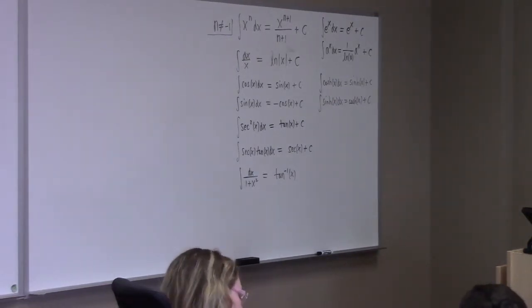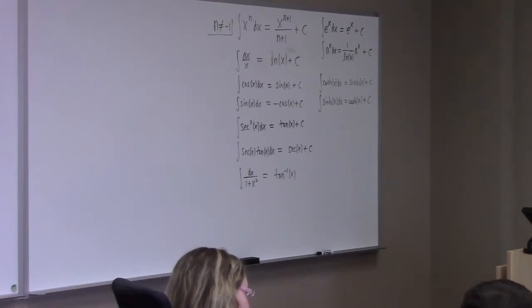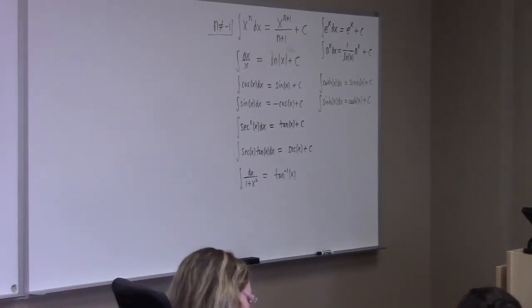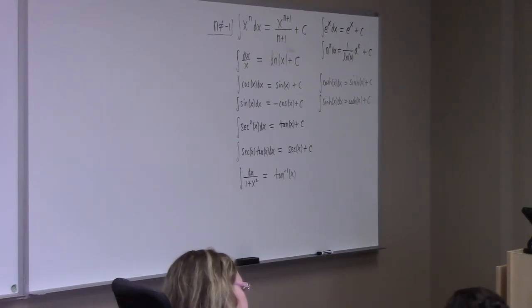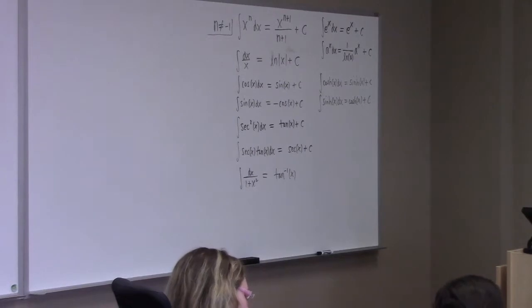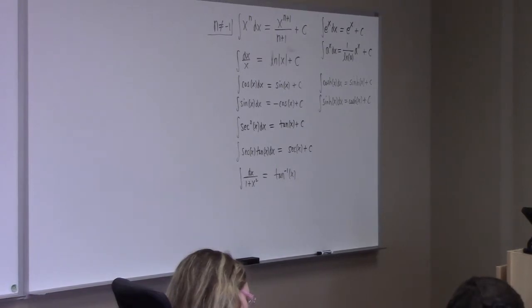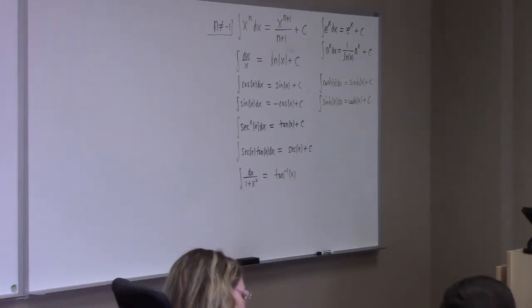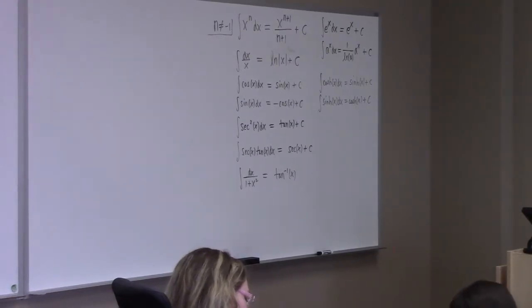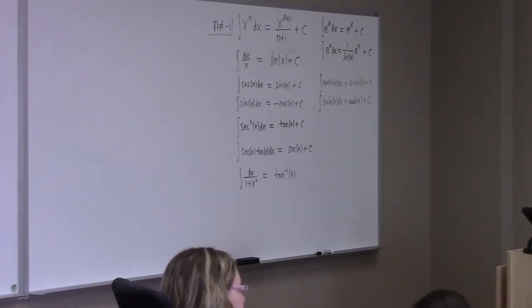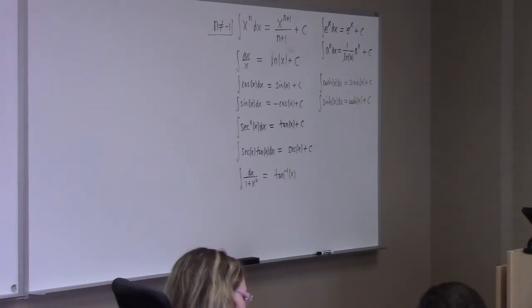Consequently, the integral of u dv dx will be equal to the integral of what? Of d dx of u times v minus du dx times v, all dx.